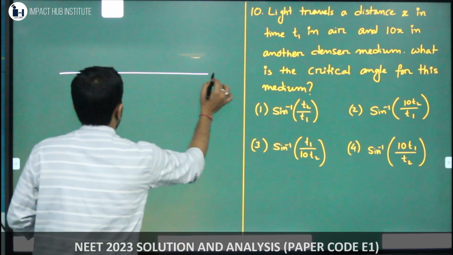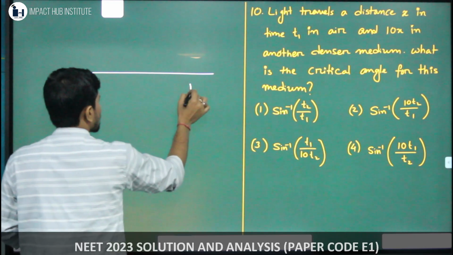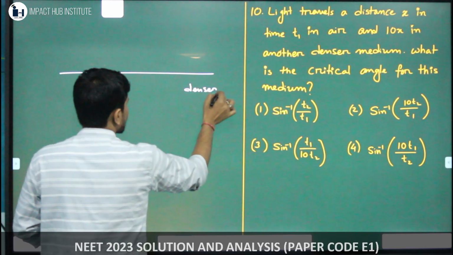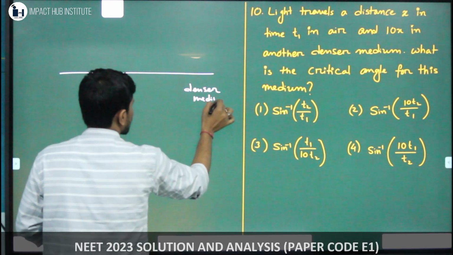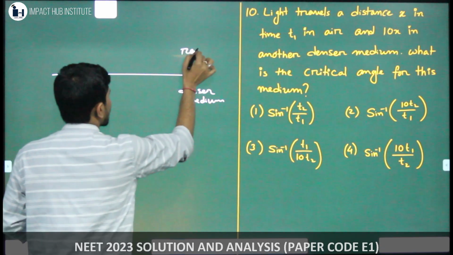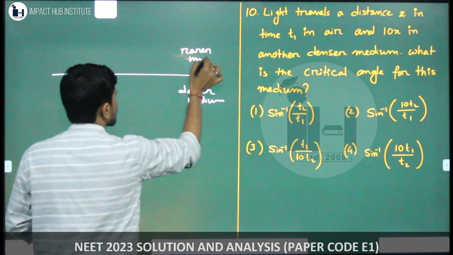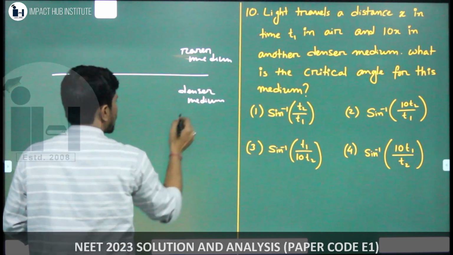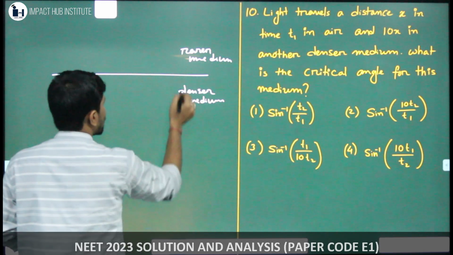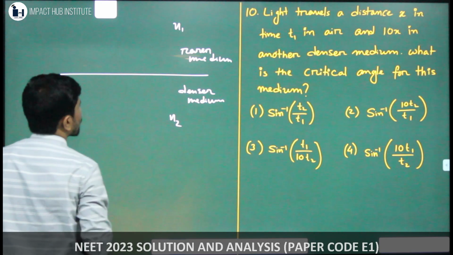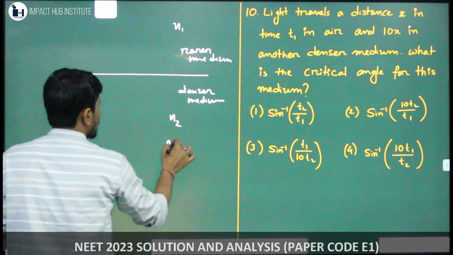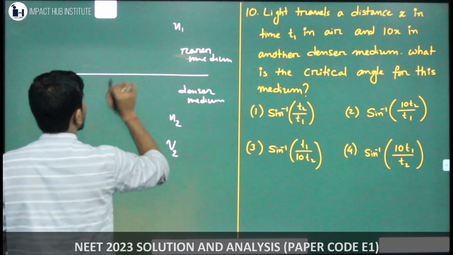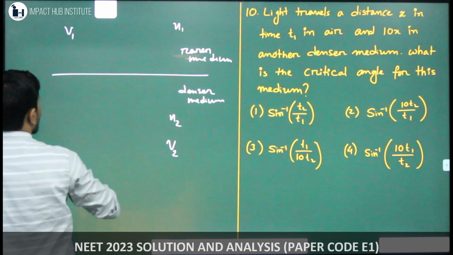So if I want to draw the situation, let's say this is my denser medium and let's say this is my rarer medium. Let's say refractive index in the denser medium is N2 and in the rarer medium is N1. Let's say speed of light in the denser medium is V2 and in the rarer medium it is V1.